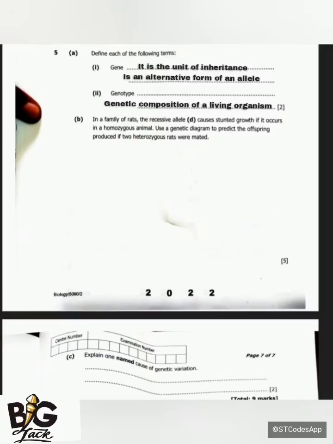What I mean here is like this. Let's say, for example, you have capital letter D and small letter d, which means these are different. Capital letter D is a dominant allele and small letter d is a recessive allele. As a result, capital letter D is going to show up in the phenotype.